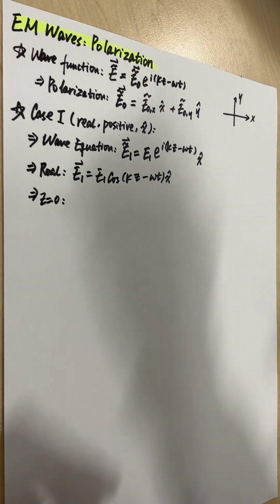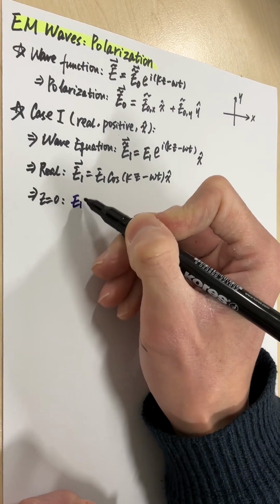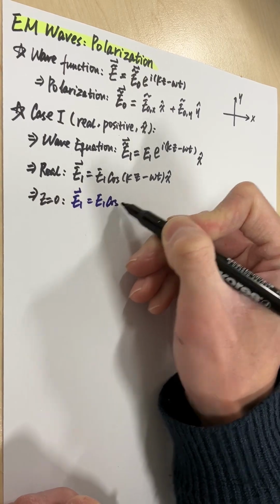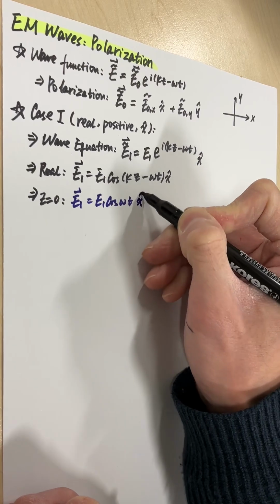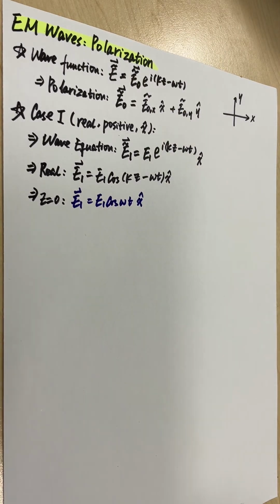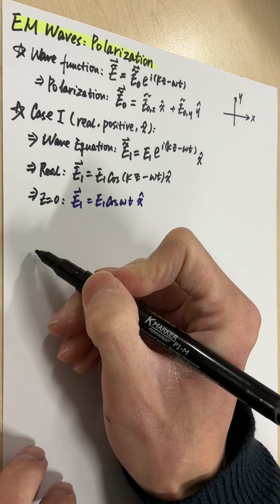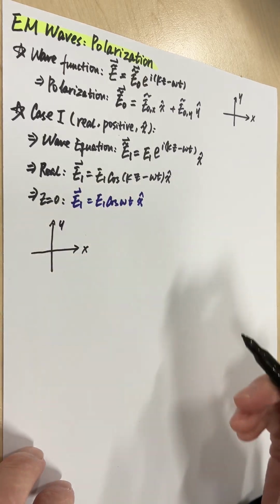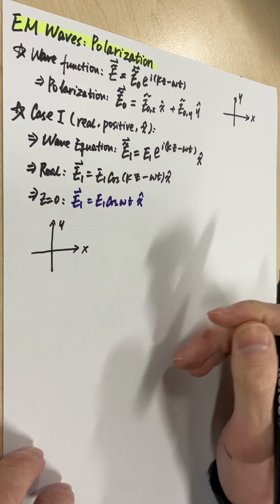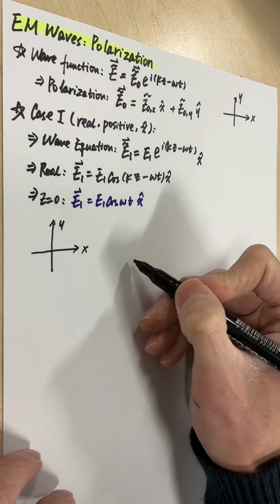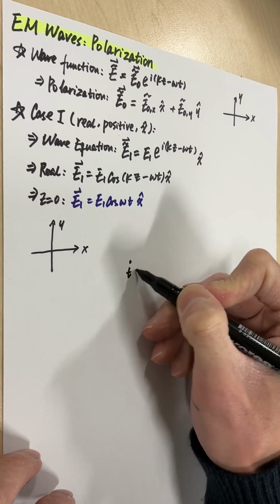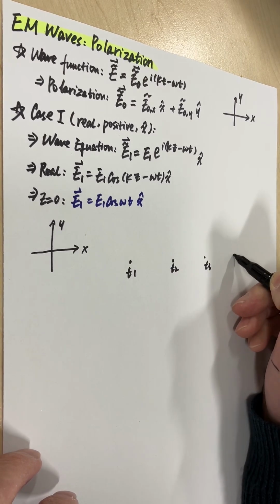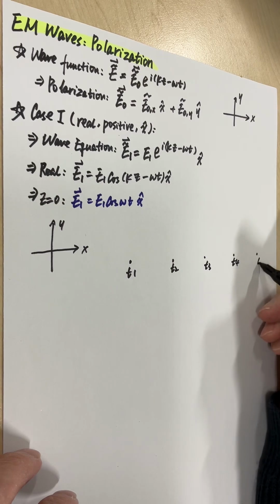Then this E1 would become E1 cosine omega t, x direction. So what does it look like as polarization? So we have x direction, y direction. Suppose we observe this over 5 time instants: T1, T2, T3, T4, and T5.